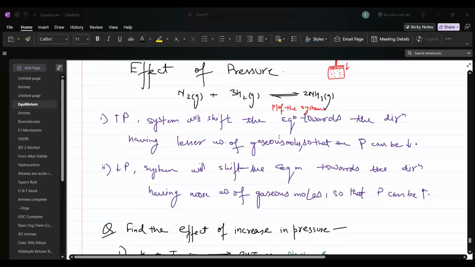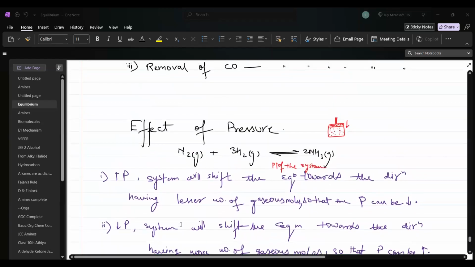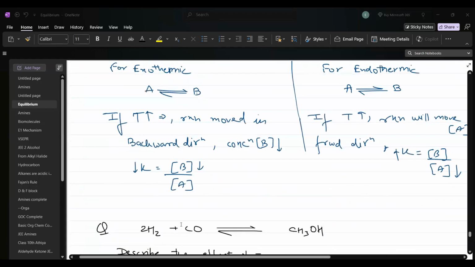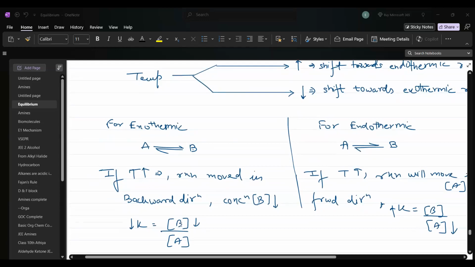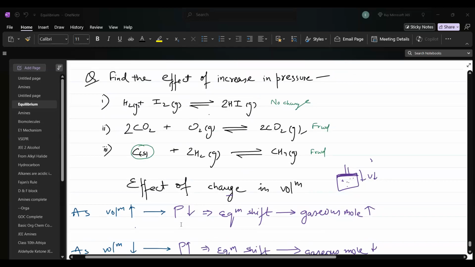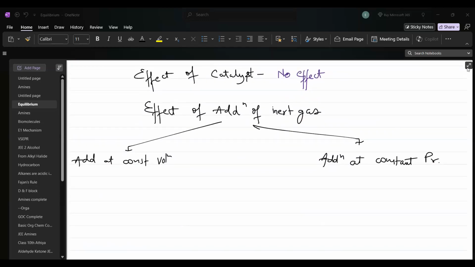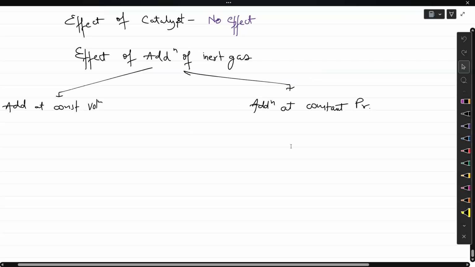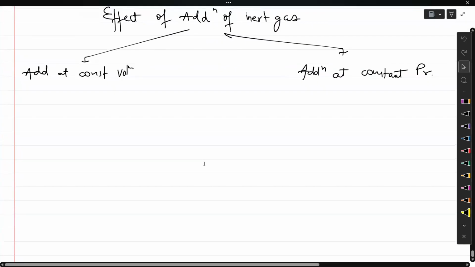So in the last class, we were doing this concept, Le Chatelier principle: how change in pressure or volume, or addition of inert gas, or giving heat is affecting the reaction. Not the rate of reaction, but how the reaction is going in the forward direction or backward direction.